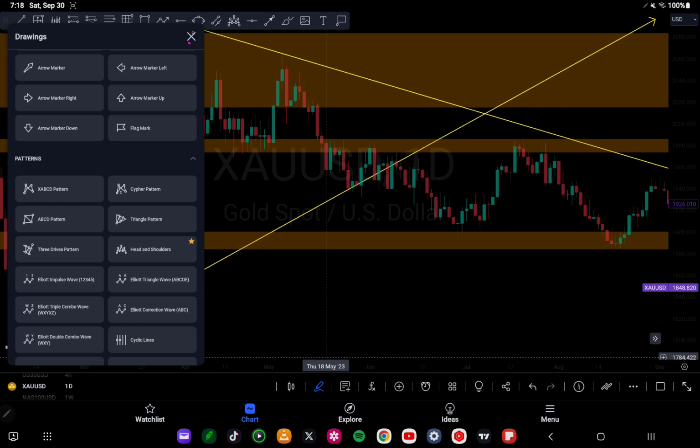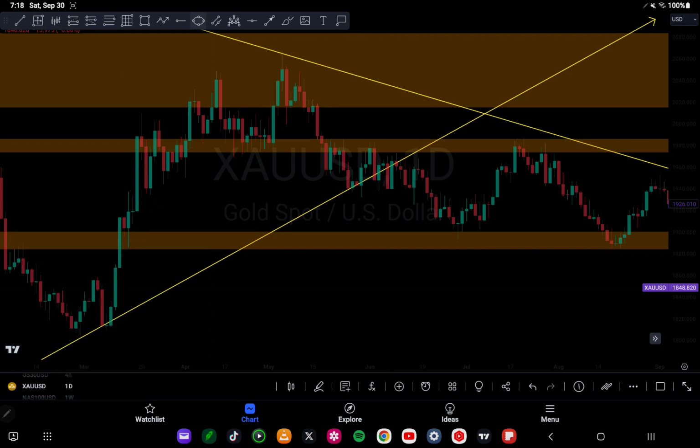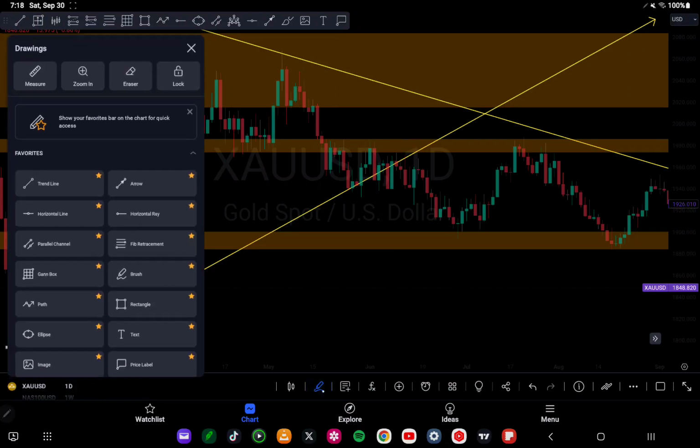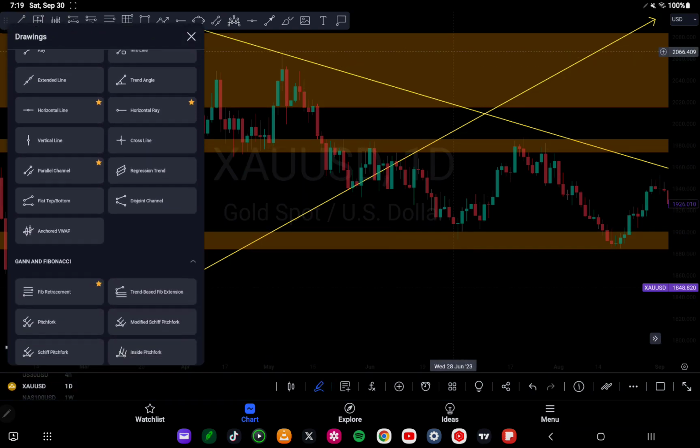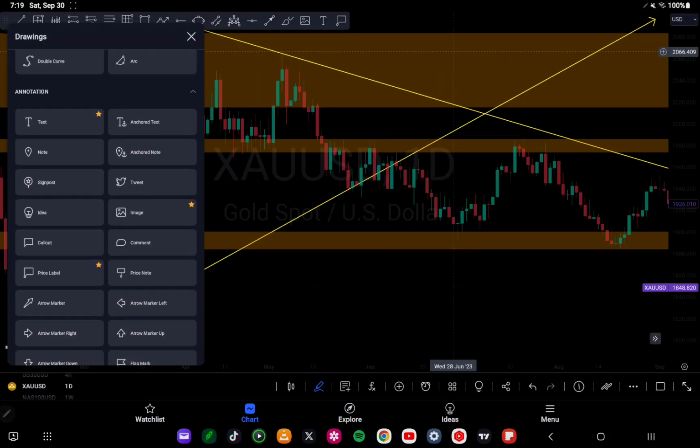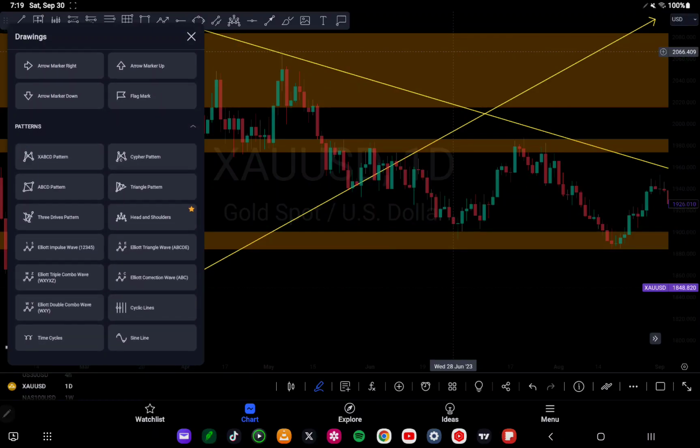Let me close and put it back, for someone new that doesn't really know much about TradingView. This is the drawing. You click on the drawing right here, then you scroll down for patterns. You can use different patterns.